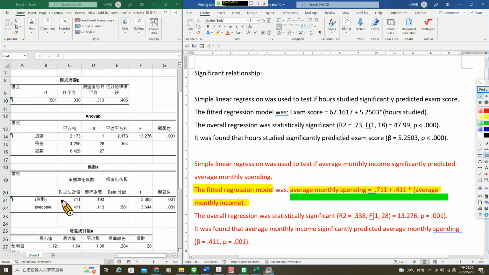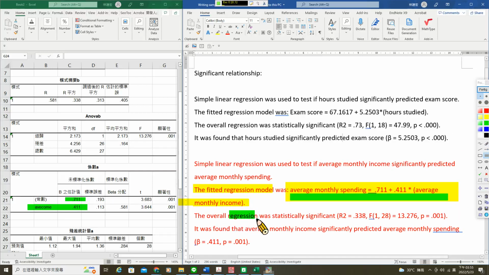Indeed, we can have a very simple formula based on these two numbers. This is beta, and this is the independent variable. So the next step is to make sure this regression is significant. This is the regression line formula, this one is the regression formula.